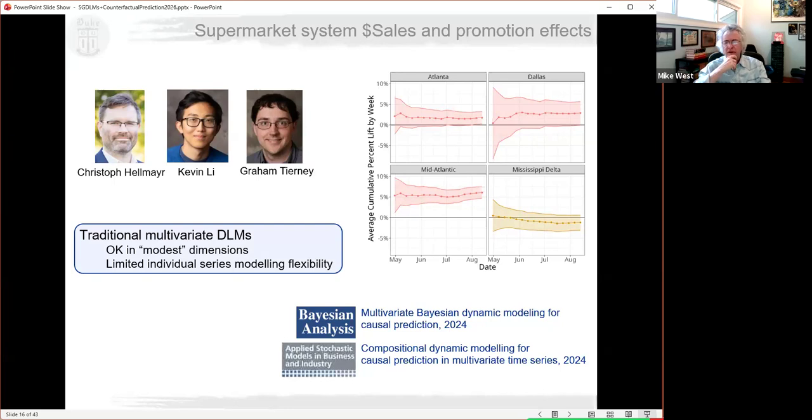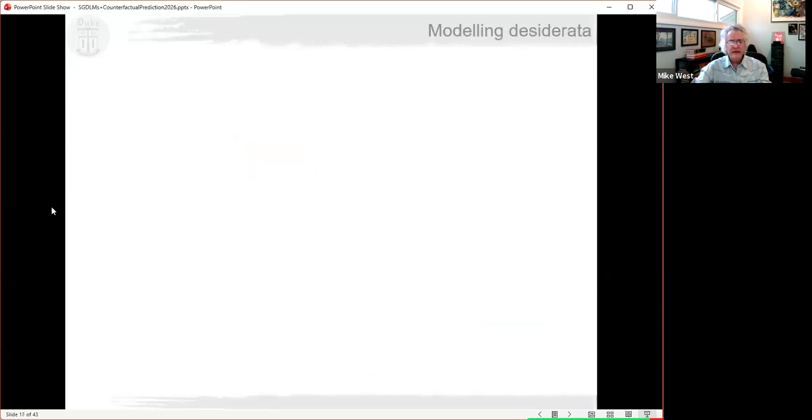Some of you will have heard the term common components models in other areas of econometric time series. So part of our interest with the SGDLMs is to move the methodology ahead by expanding the pools of models that we have available. So let's get some desiderata on what we want.